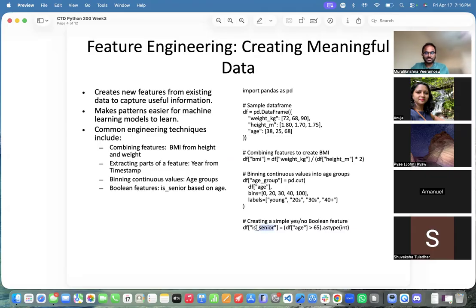The feature name is is_senior. If the age is greater than 65, then we are saying is_senior is true. Basically, we insert a Boolean value for the is_senior feature, right? So this is about creating a Boolean feature, and this is about feature engineering.